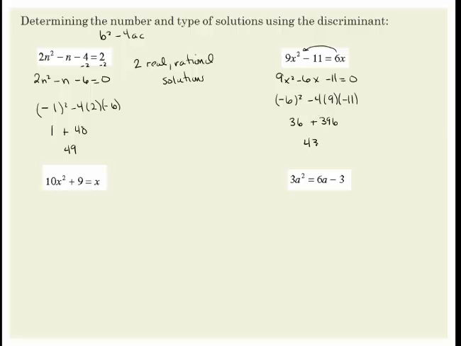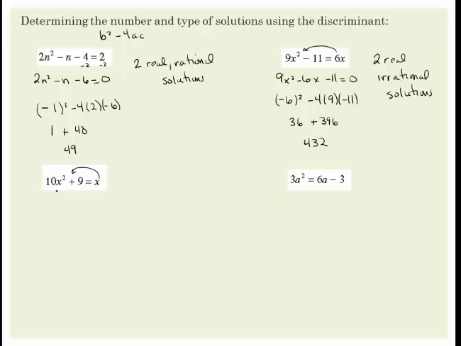That gives me 432. Now, just to double check myself, I'm going to take the square root of 432. And it is not a perfect square. And so I will have 2 real irrational solutions.